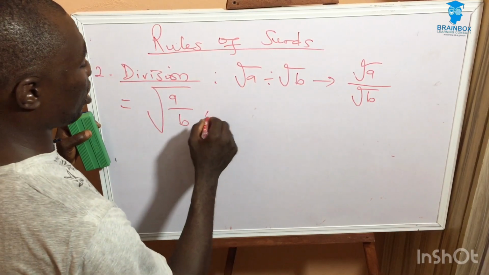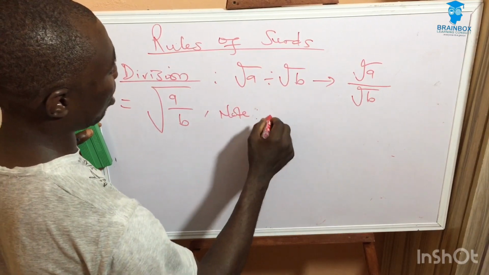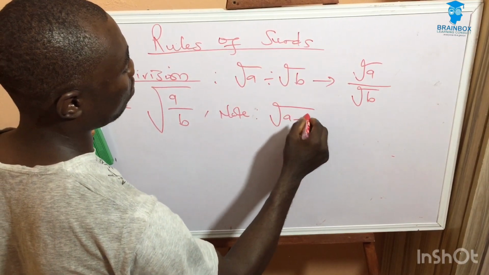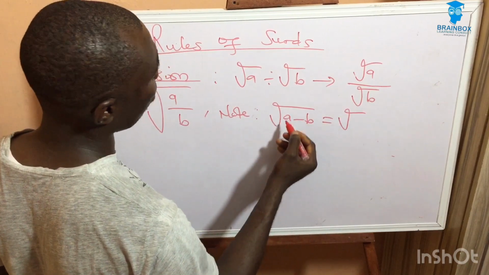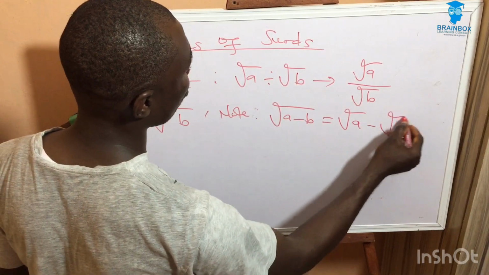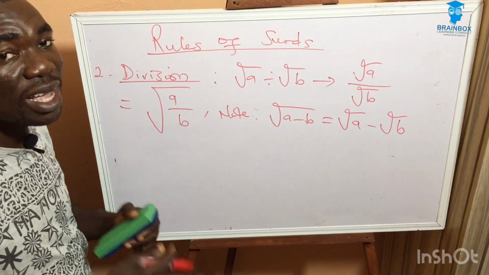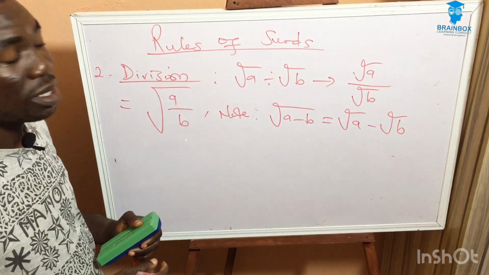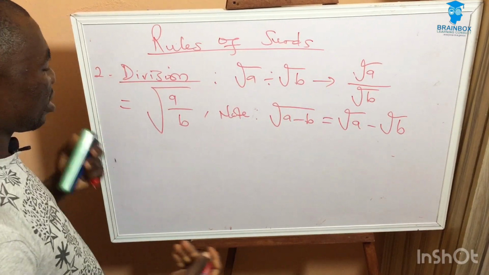Please note again, I will always give you this note: root a minus root b is not the same thing as root of a minus b. It's not the same thing as root a minus root b. We must take note of this. They are different things entirely.